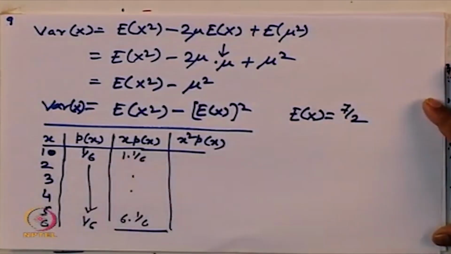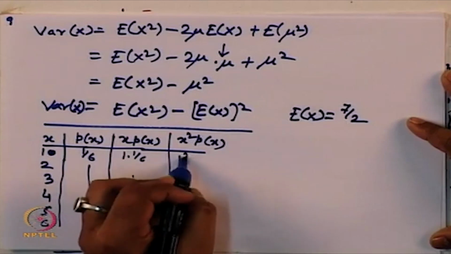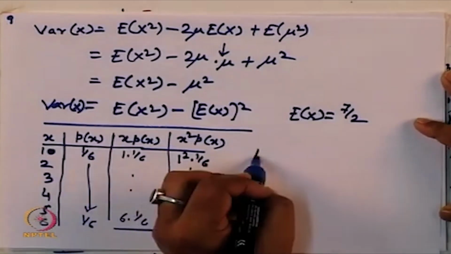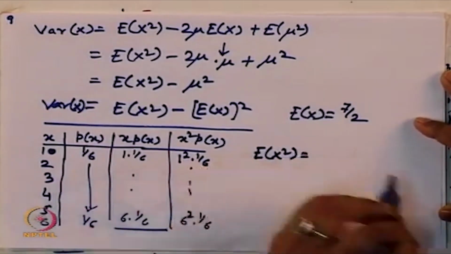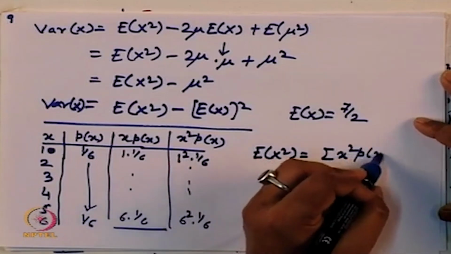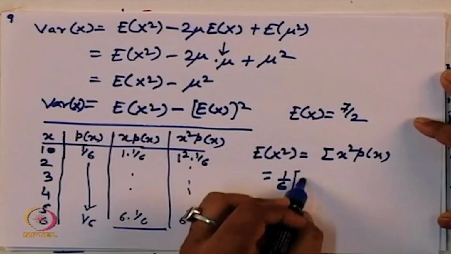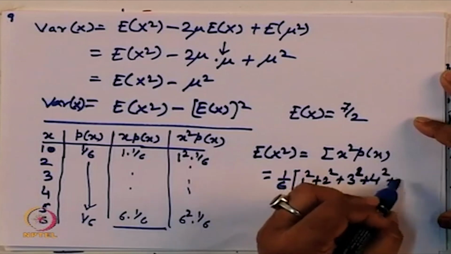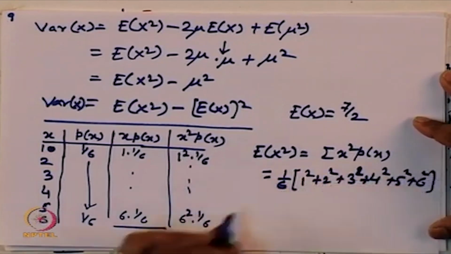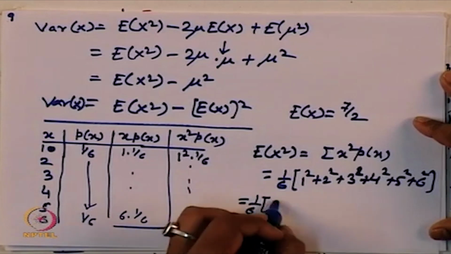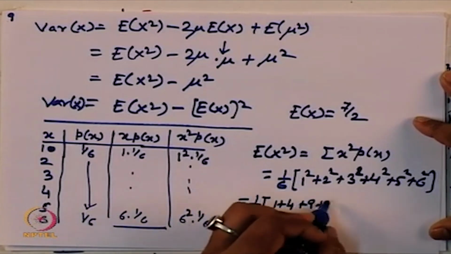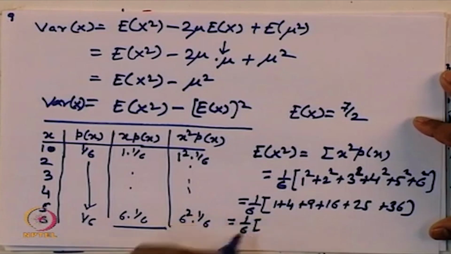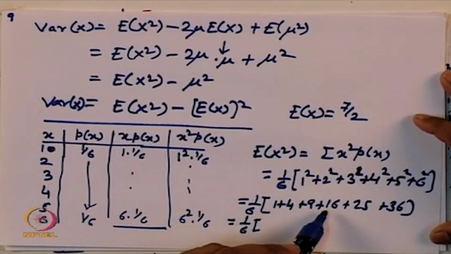Okay. Let us calculate the value of x square p x. It is 1 square into 1 by 6, and so on up to 6 square into 1 by 6. So, E of x square is the summation of x square p x, which is 1 by 6 times 1 plus 4 plus 9 plus 16 plus 25 plus 36, which is 91 by 6.